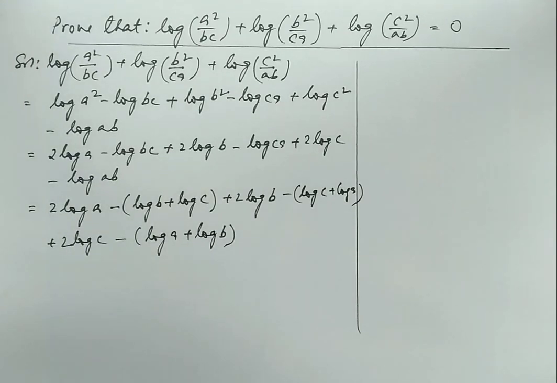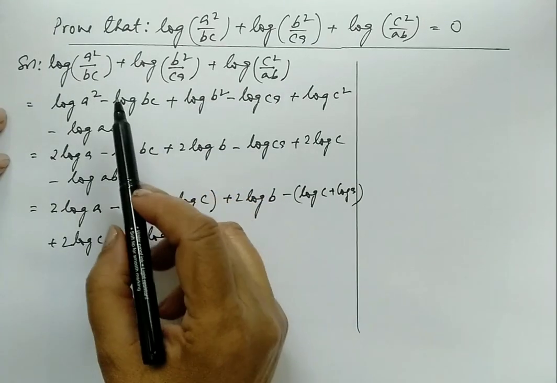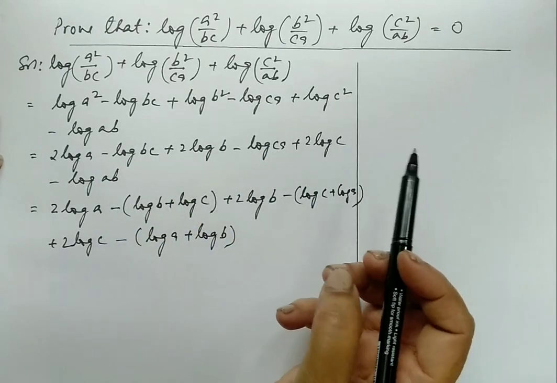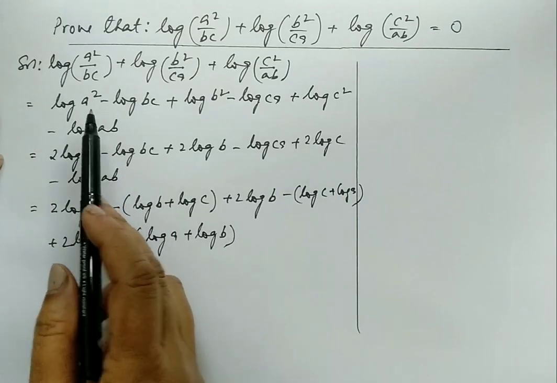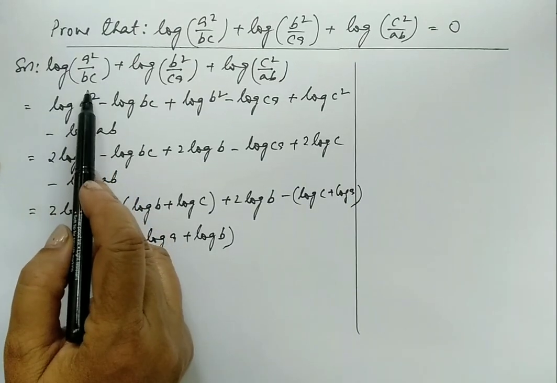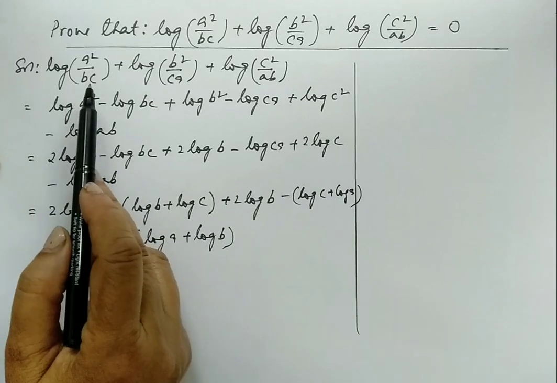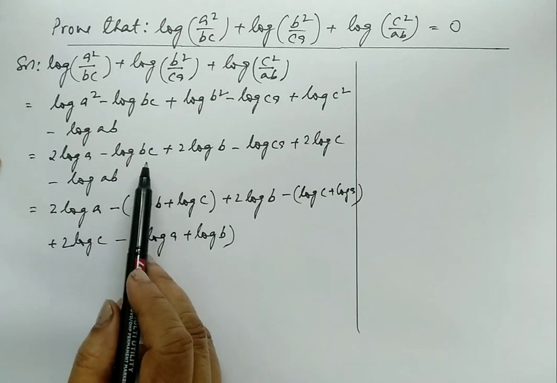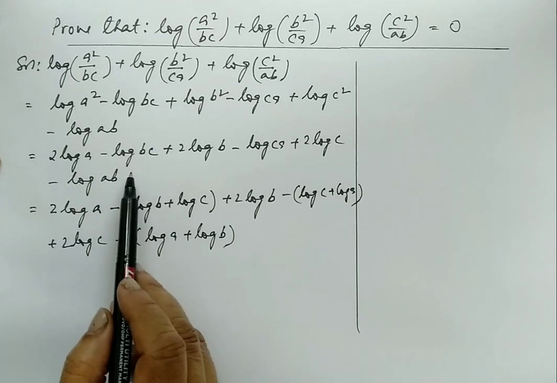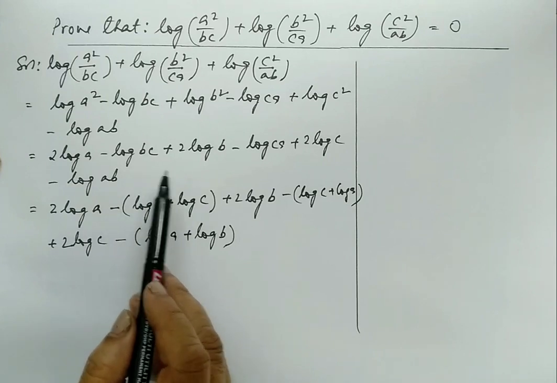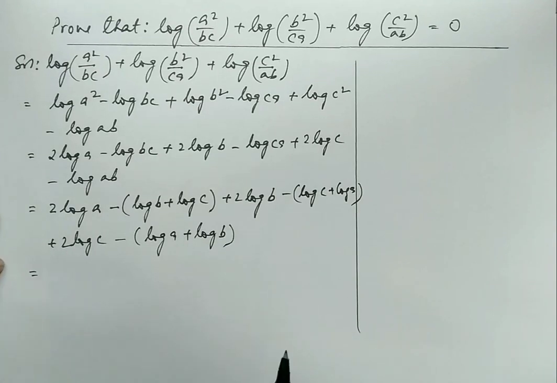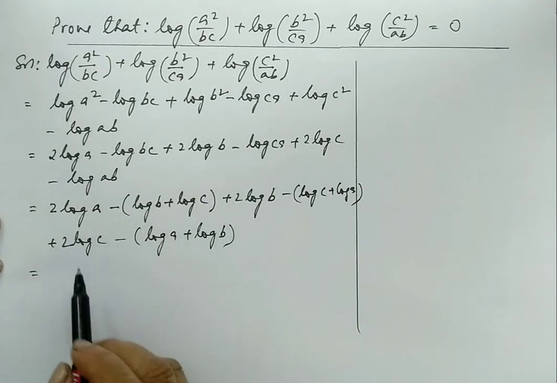Alright guys, if I write the identities, this may become a bit congested. So try and listen to what I had said here, that log m over n is equal to log m minus log n. Here for multiplication we have log mn is equal to log m plus log n, which we have tried to show here. Now let's simplify this by opening the bracket.